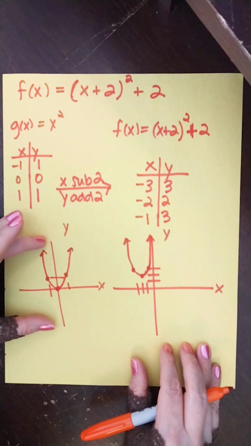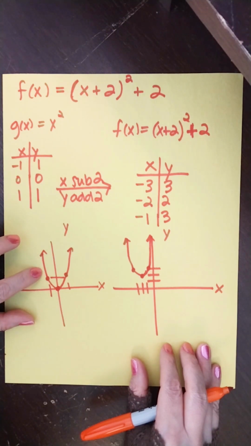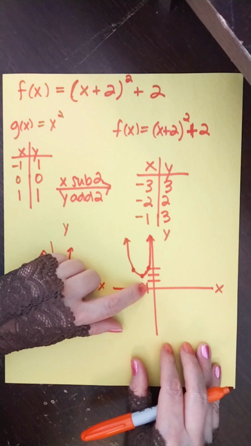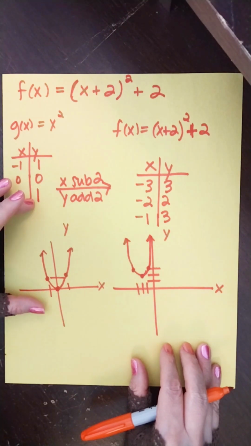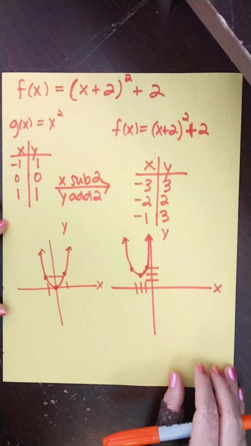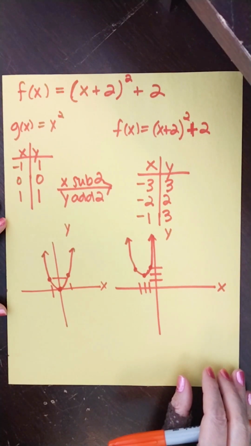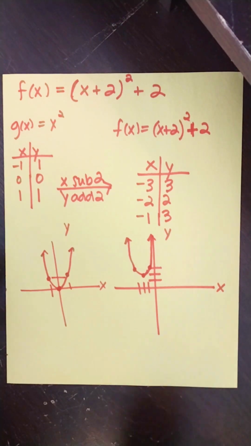So if you follow the origin, you can clearly see, like right here, it goes left 2 and then up 2, and it ends up right here, right? So we were here, left 2, and then up 1, 2. And of course, we do that, moved all the points. Okay, so we did, again, a horizontal shift left 2 units, and a vertical shift up 2 units.